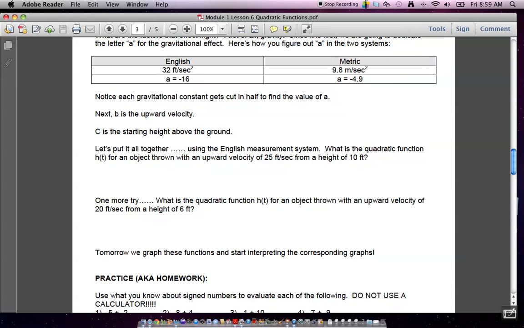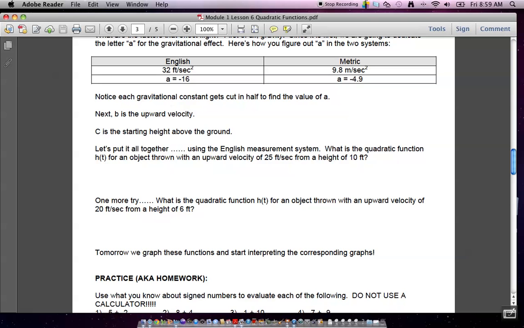Now, within this, the gravitational constant, that force, in the English system is 32 feet per second squared, and in metric it's 9.8 meters per second squared. Okay? And the last thing you need to know is all such forces are represented with a quadratic equation.